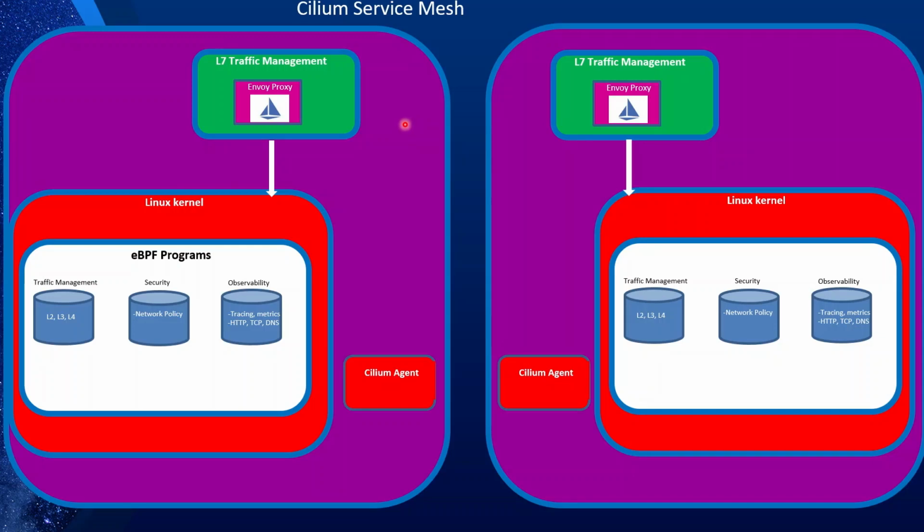As we saw, we only deploy the waypoint proxy for a service when L7 features are needed. Otherwise, we don't deploy that. However, that's different from Cilium, because the Cilium Envoy proxy will be deployed on each node, whether you want it or not. So there are pluses and minuses to that approach.